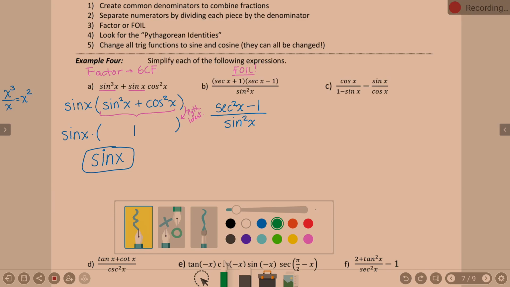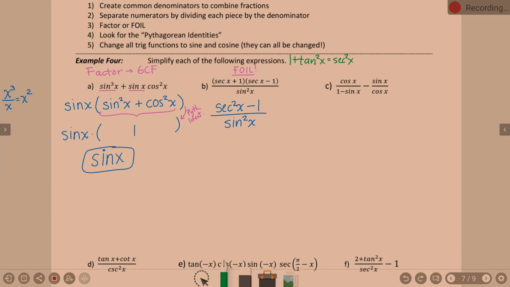I get tired of saying the square of theta. So I get it. It's a lot to say. Okay, so do you guys see the Pythagorean identity? 1 plus tangent squared x equals secant squared x. Do you see that Pythagorean identity?